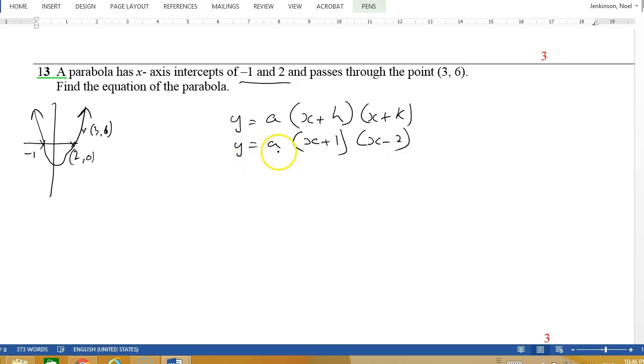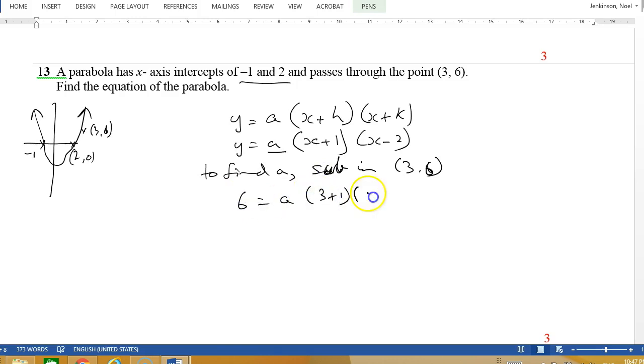Now, to find the missing dilation factor, to find a, sub in (3, 6), x equals 3, y equals 6. So 6 equals a times (3 plus 1) times (3 take 2). 6 equals a times 4 times 1.